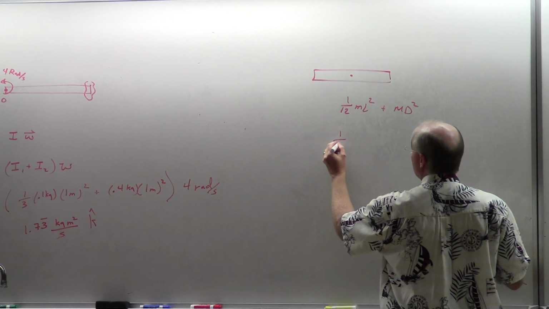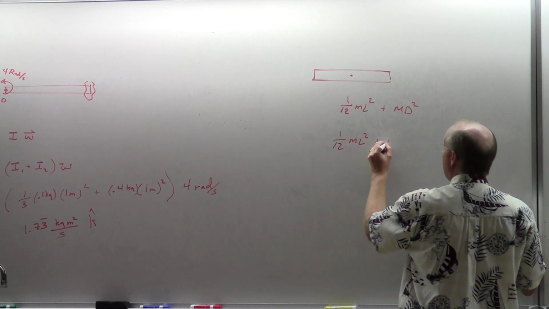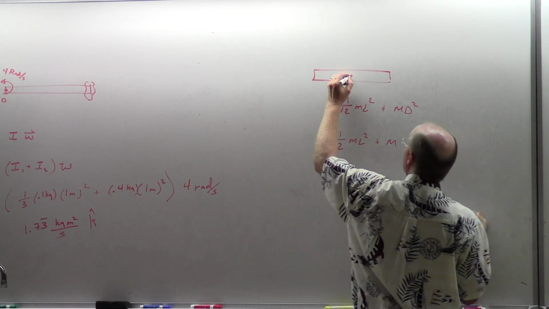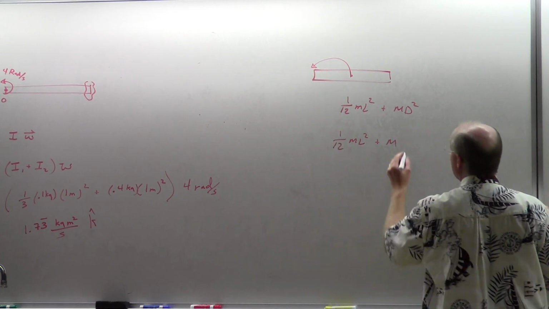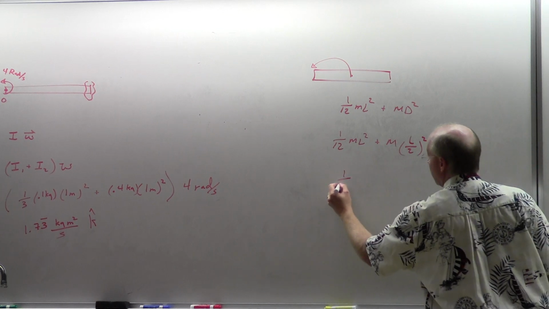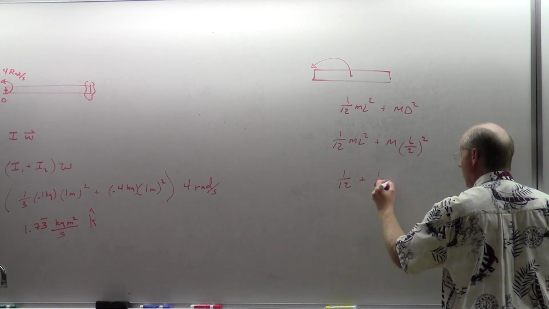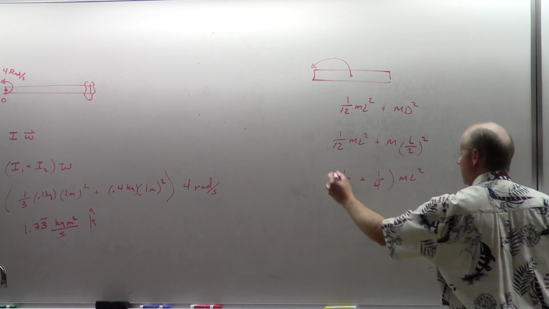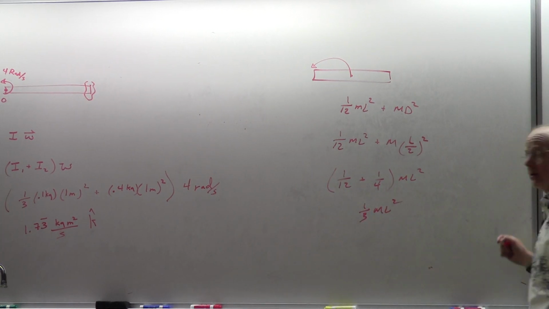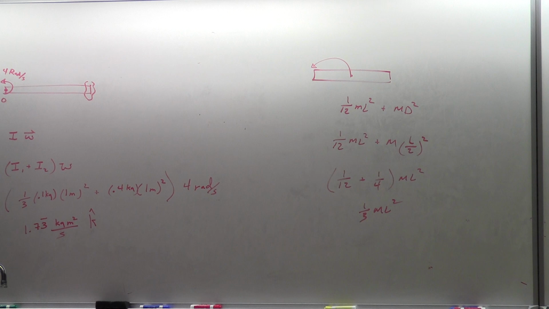So this is 1/12 ml squared, and I am going to move half the length of the rod, from a rotation about its center to its end, so this would be L over 2 squared. So it becomes 1/12 plus 1/4 ml squared, which reduces to 1/3 ml squared. So I guess the short answer is I got it from chapter 10, and in chapter 10 we did this one.